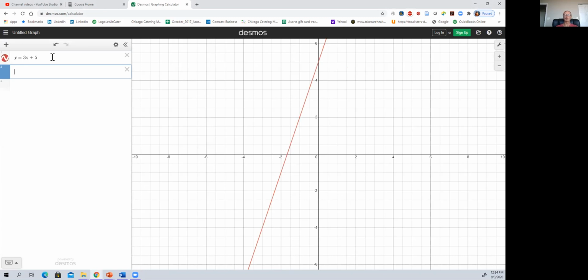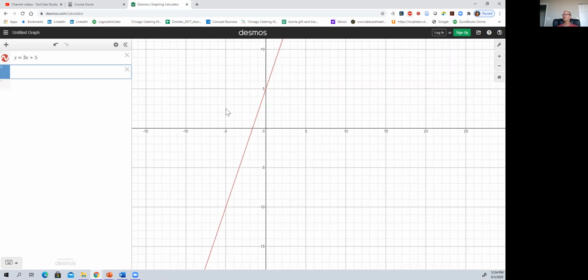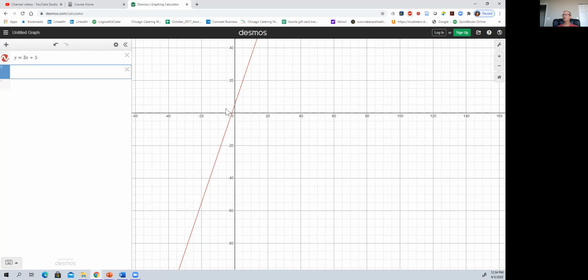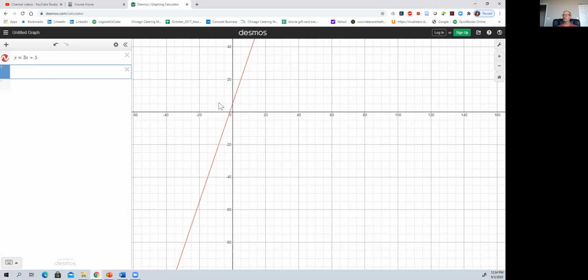You sure do hope that this is a function, right? And you can see in this case, it's a nice straight line, and if you zoomed out, you'd see it just goes on to infinity. If you cross any one of these, you would see that the vertical line only passes through a single point. So this would be a good example of a function.